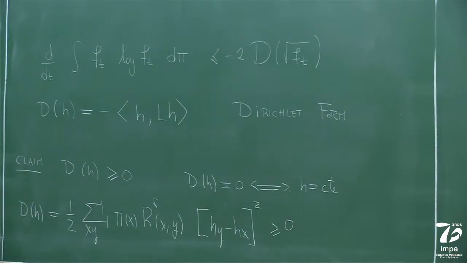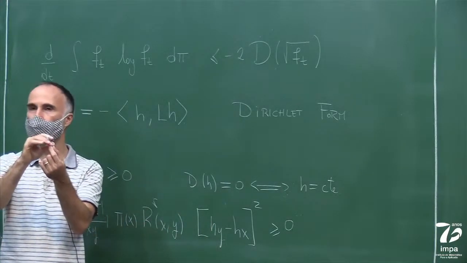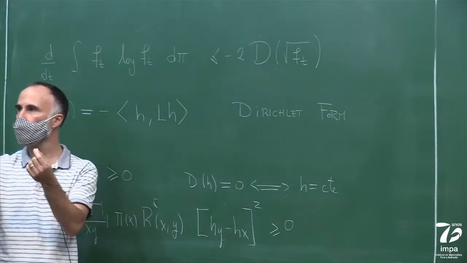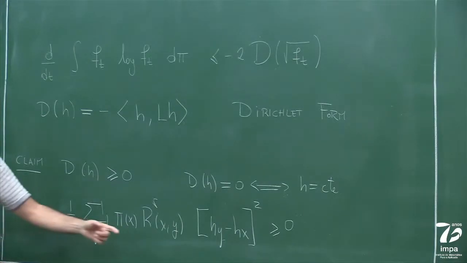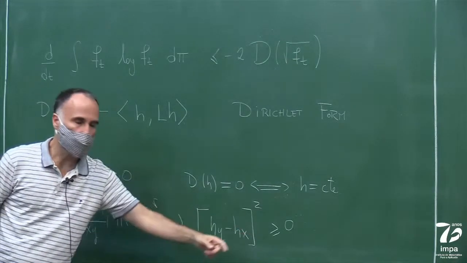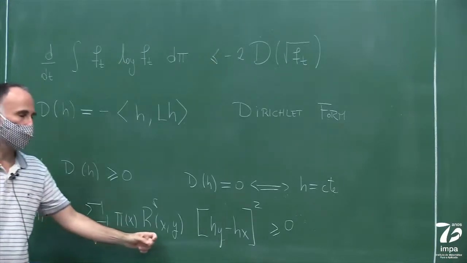Okay, but since the process is irreducible, I can find a path from x to y. Let's call this path x0, x1, up to xn, where xn is equal to y. From this, if this is 0, this means that h x1 is equal to h x0, because this jump rate is positive.